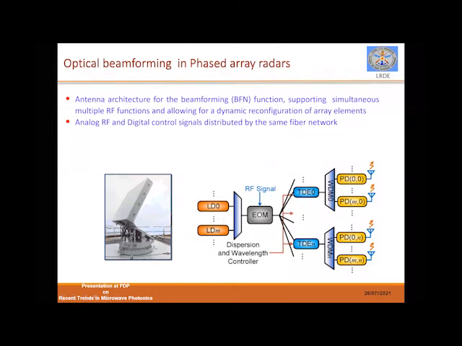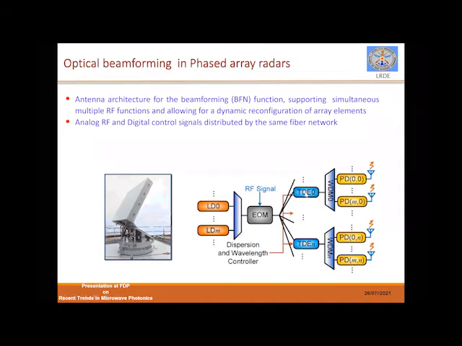Similarly, during transmission, I will take the transmission point itself. With the help of this modulator we generate the optical signal, and in the optical domain itself we introduce the time delay.